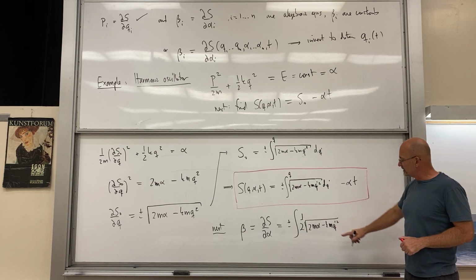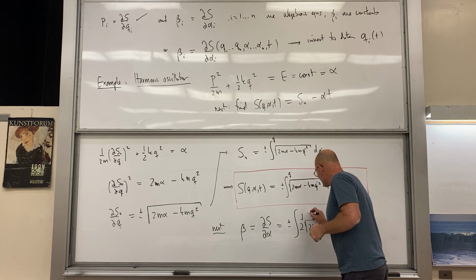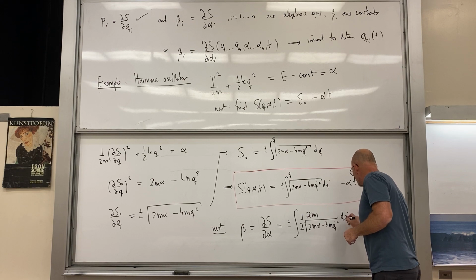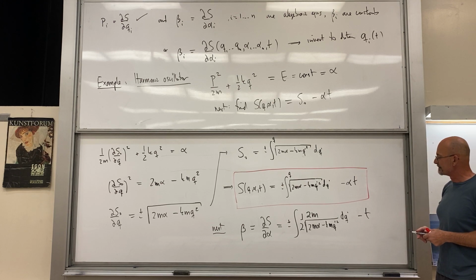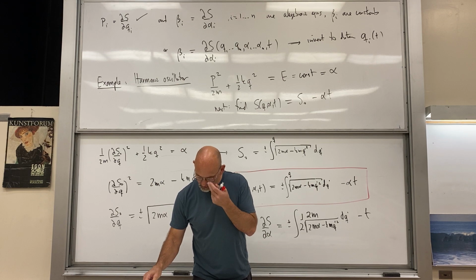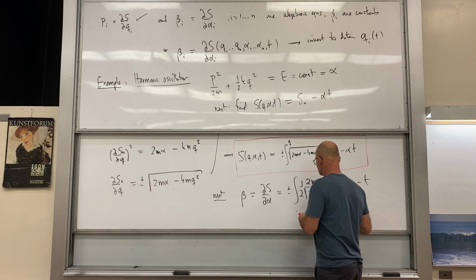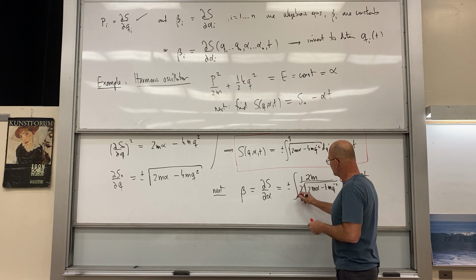And the inner derivative, since the derivative with respect to alpha is just 2m, and we still have a dq, minus t. The 2's cancel.